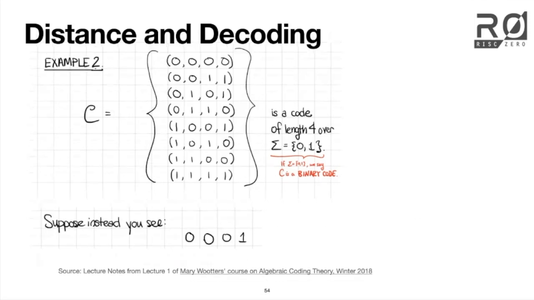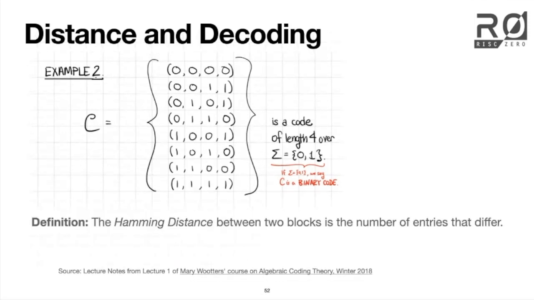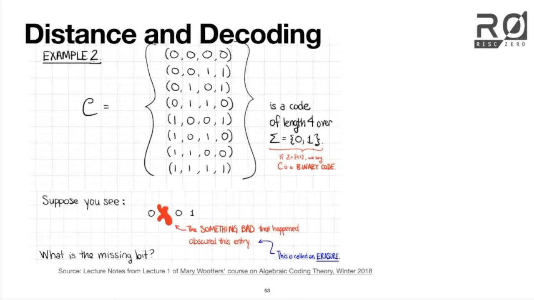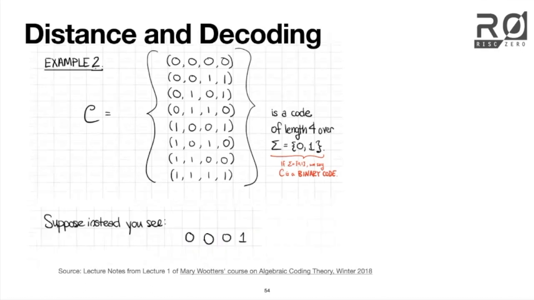So what I mean by closest, I'll go back to that slide that I skipped. The distance in this context is just the number of entries that differ. And if we're looking at something that's not valid, we can try to decode it by asking, what's the closest valid one? So sometimes when we ask what's the closest valid one, we get a unique answer, but oftentimes instead we get a list.